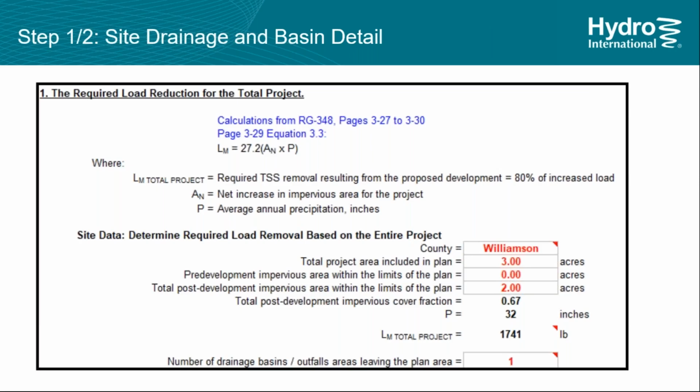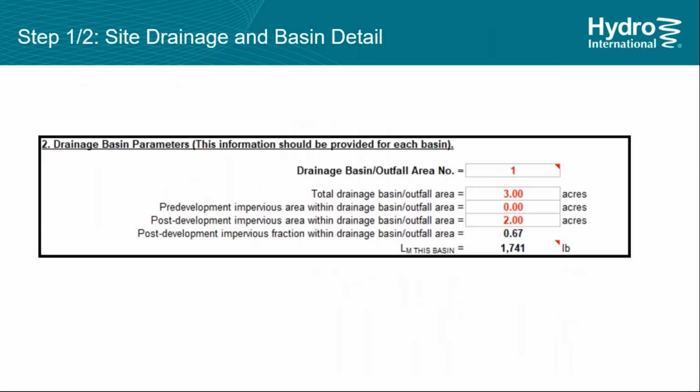If the site has multiple drainage basins, you'll need to repeat steps 2 through 7 as we move forward for each basin. So you'll see here, the LM for this site is 1,741 pounds. And then the LM for the basin is the same thing. We're treating the whole site through one filter.